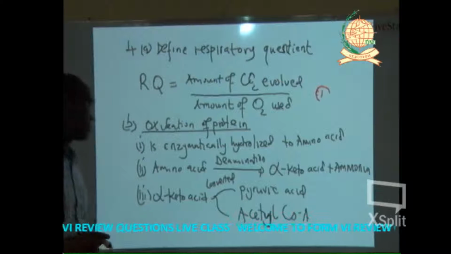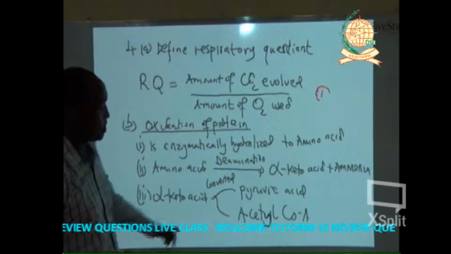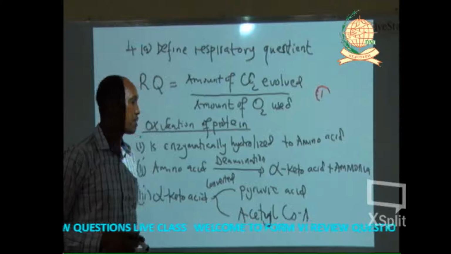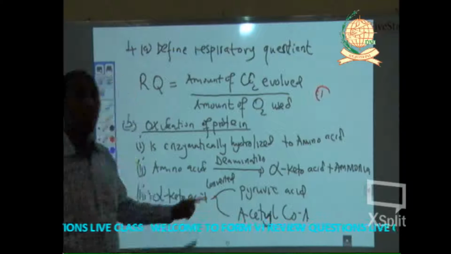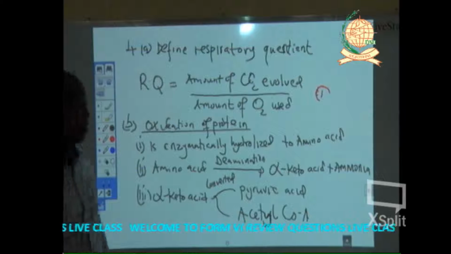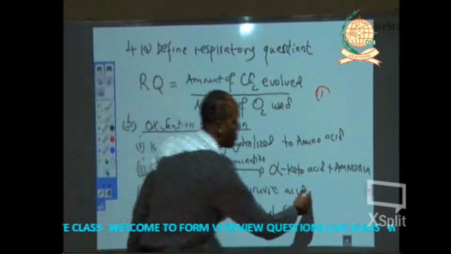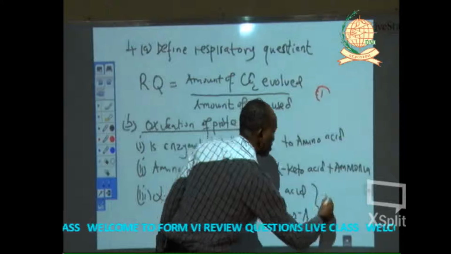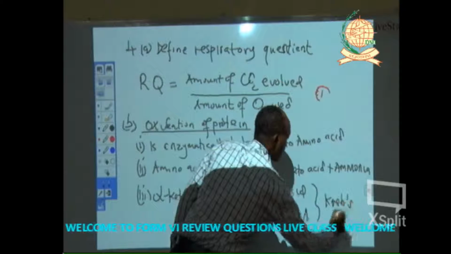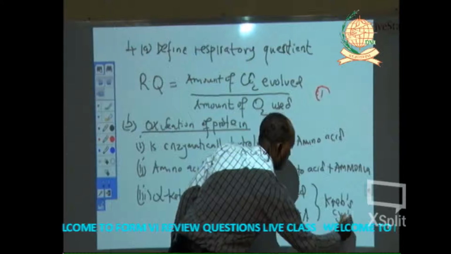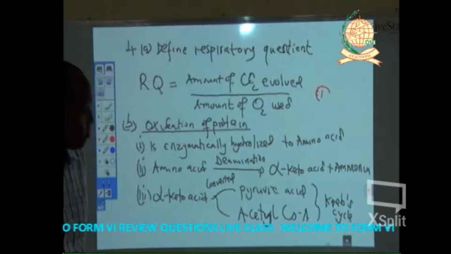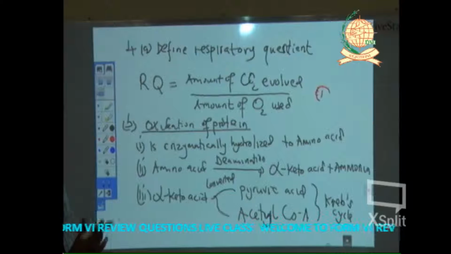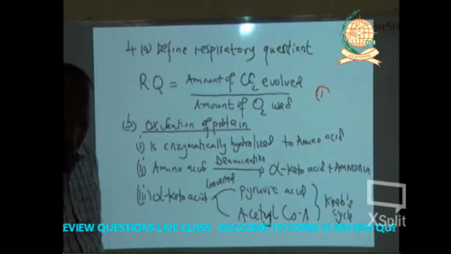Then the alpha keto acid is converted either to pyruvic acid or acetyl coenzyme A. And as it goes to pyruvic acid and acetyl coenzyme A, this is incorporated into the Krebs cycle, as normal in the respiration of glucose or carbohydrate.